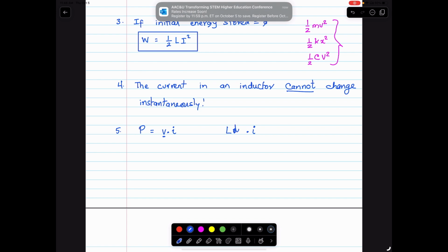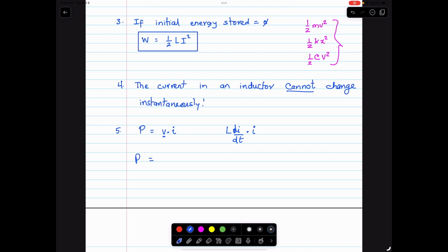So the power in an inductor is L i di by dt, the power consumed, absorbed, or delivered.